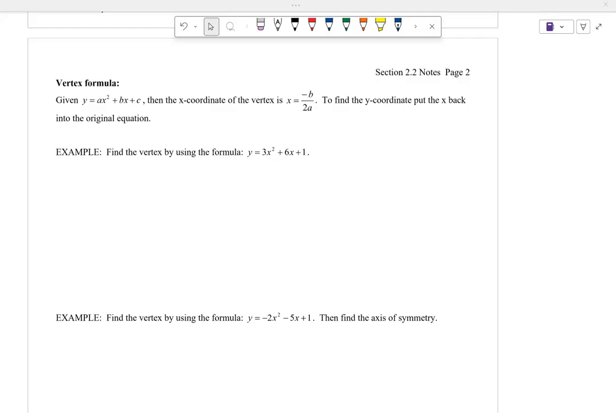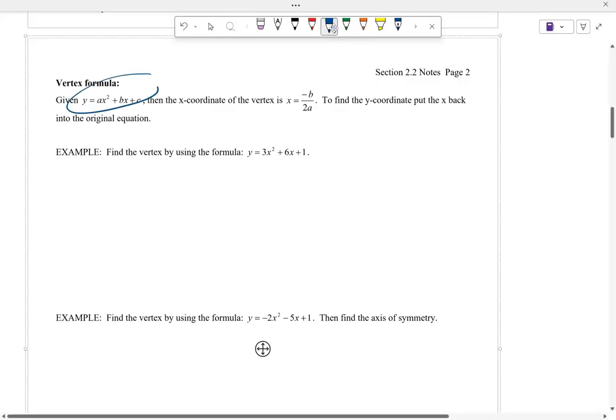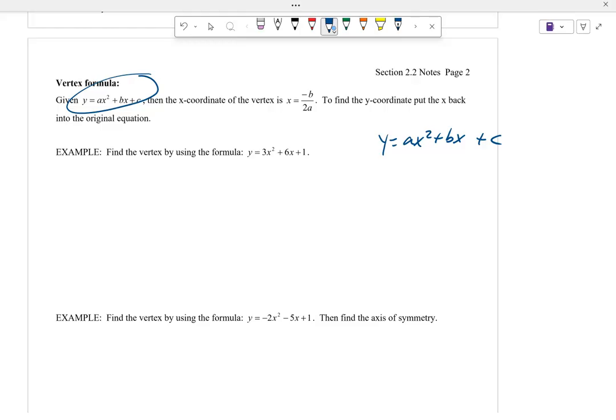So instead of vertex form, what if we were given this in standard form, ax squared plus bx plus c? Well, if you were to actually complete the square, you take an a out, push that plus c out, and so on. Anyways, you complete the square. What you're going to get is x plus b over 2a squared plus more terms.